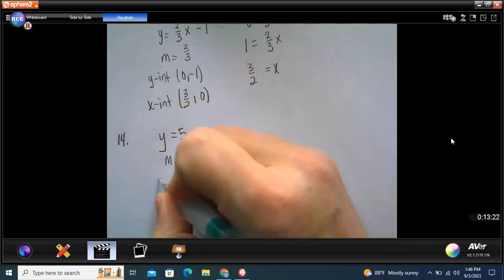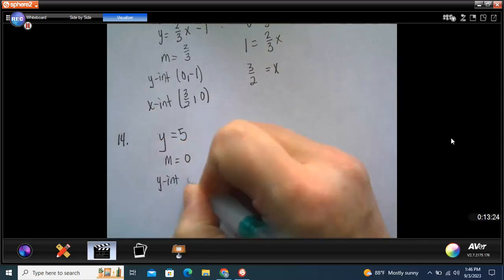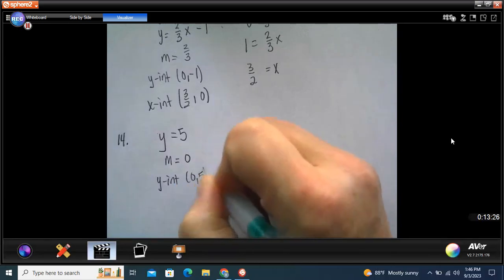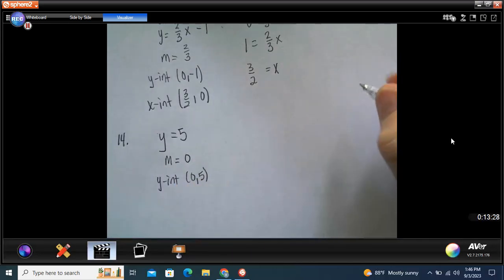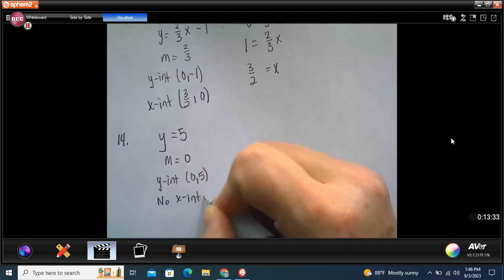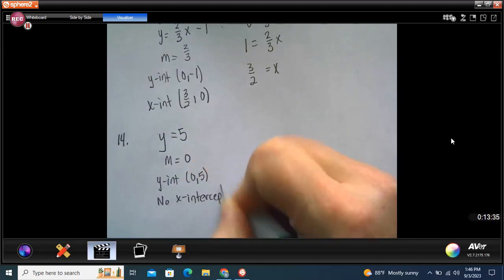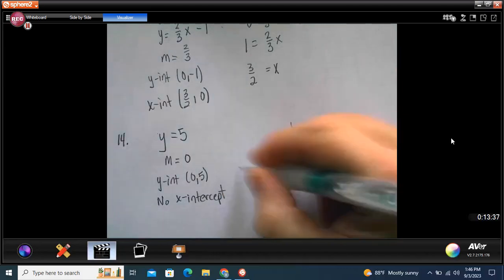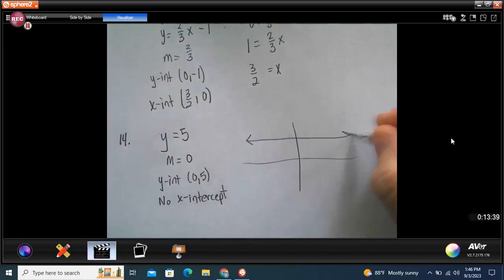And the y-intercept, because it's a horizontal line, it has a y-intercept. But also, because it's a horizontal line, there is no x-intercept. It does not cross the x-axis up here. Okay.